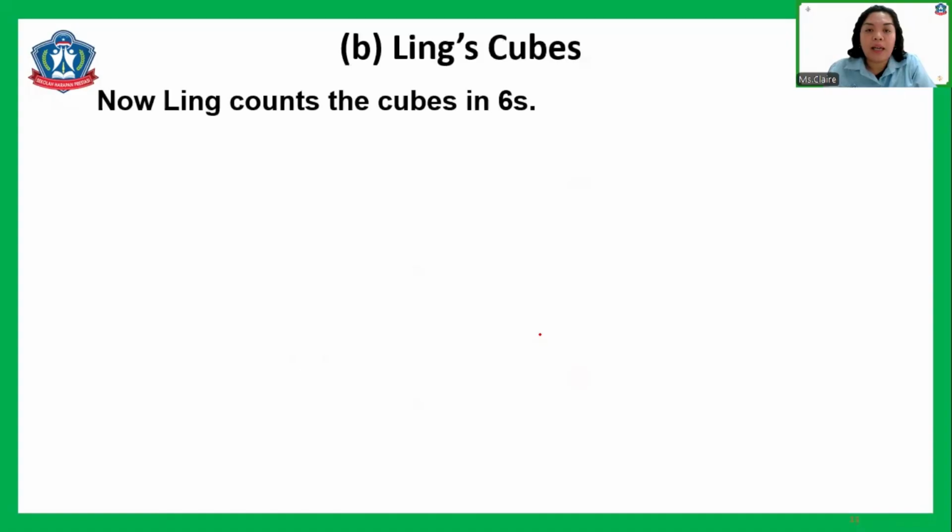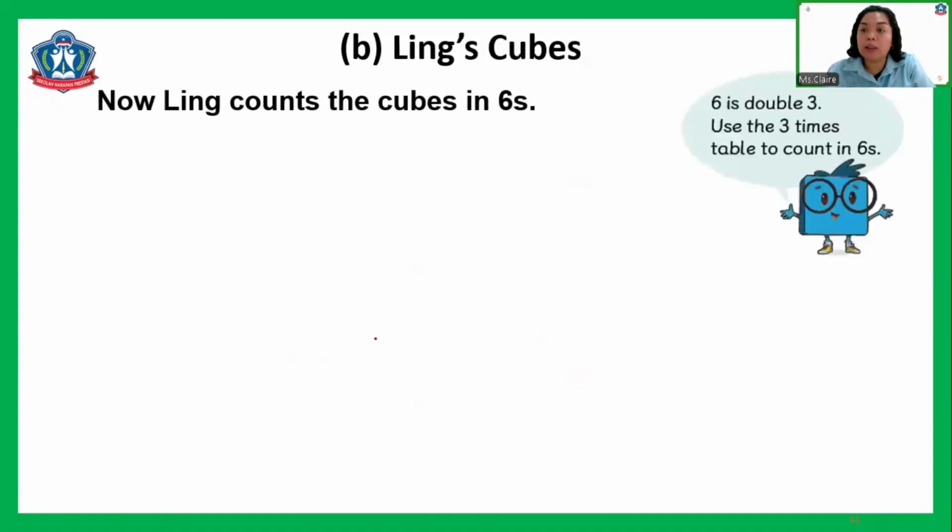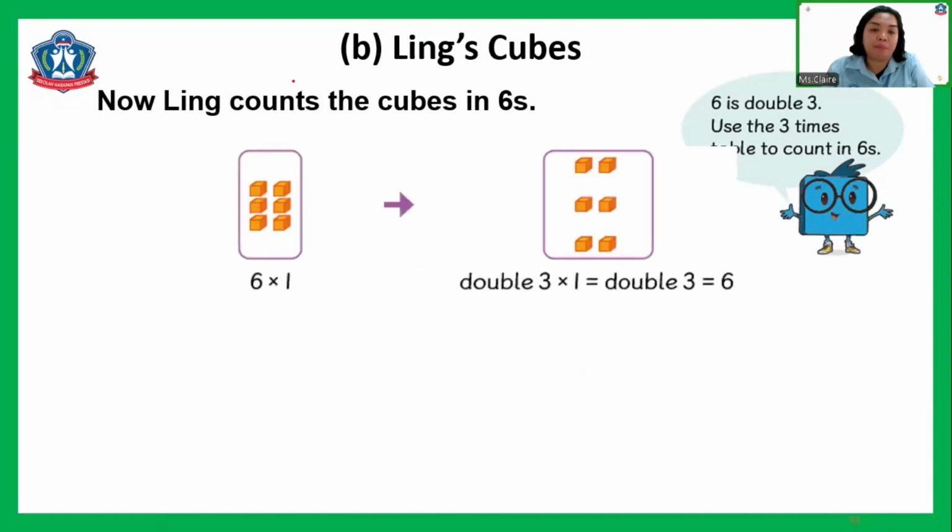Alright. Now Ling counts the cubes in 6s. So 6 is actually double 3. So when we count the cubes in 6s, we can use the 3 times table because 6 is double 3. So if we have 6 times 1, it means that the double 3 is multiplied by 1, and that is 6.